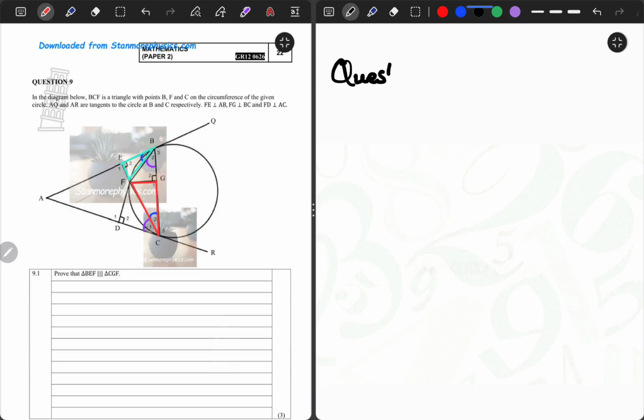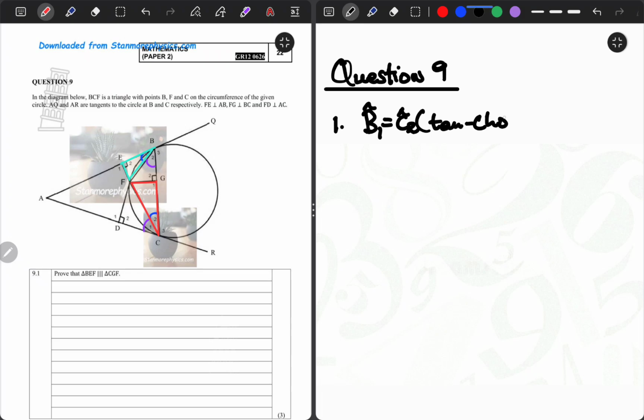So question number 9, we can start here. B1 equals to C2 because of tan chord.